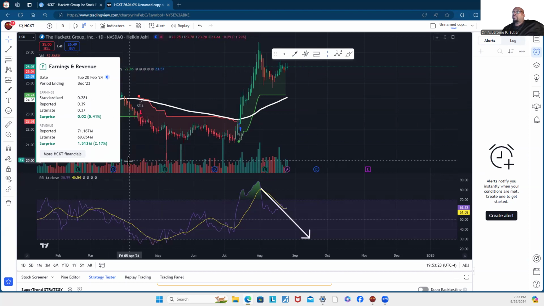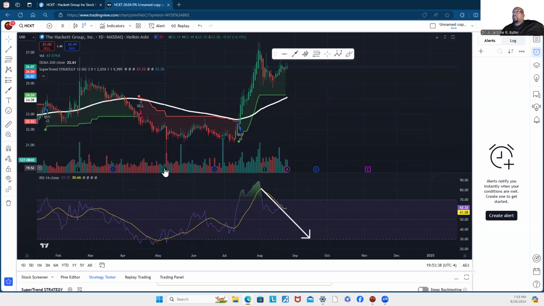Starting last year, about a 0.02% surprise, or $1.513 million surprise. That's a good surprise on your earnings.